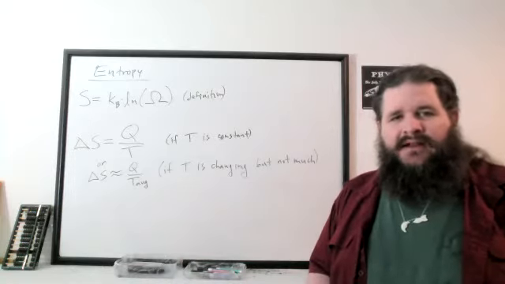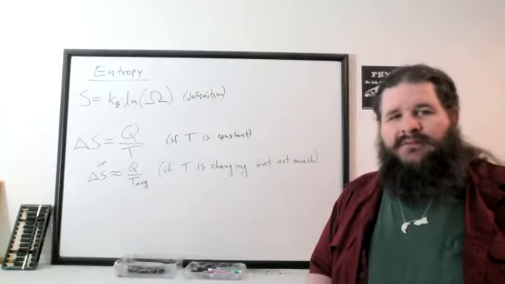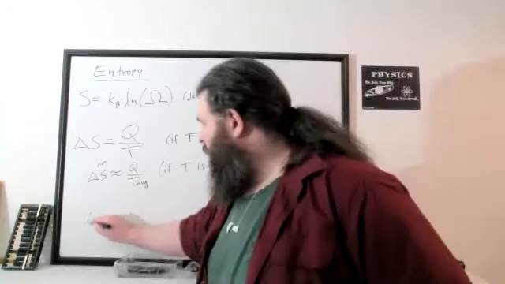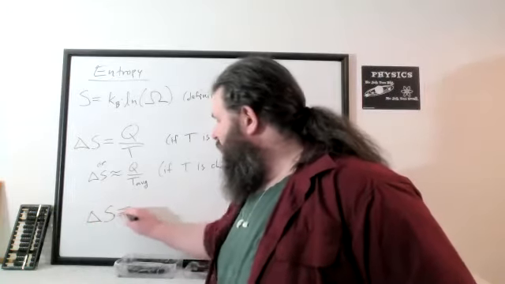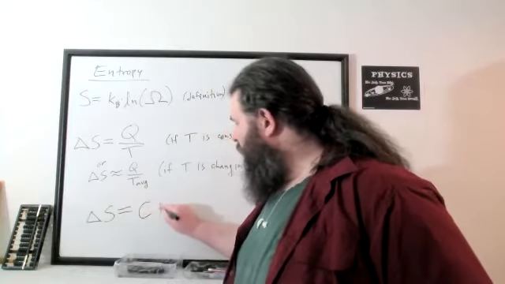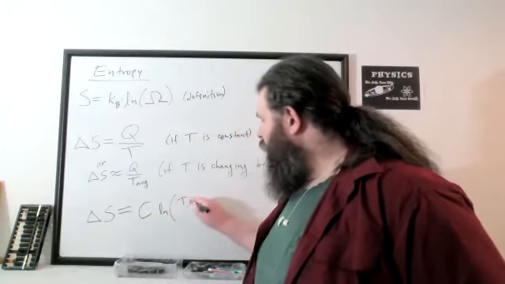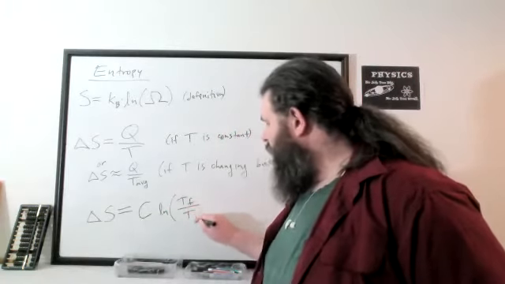If you're changing by hundreds of Kelvin, or if you want extreme accuracy, you want to use the actual formula: delta S exactly equals heat capacity times logarithm of the ratio of temperatures, final temperature over initial temperature.